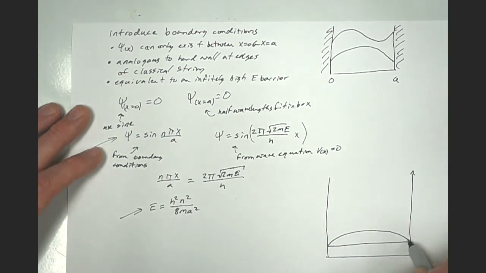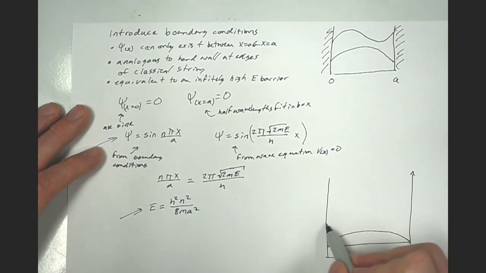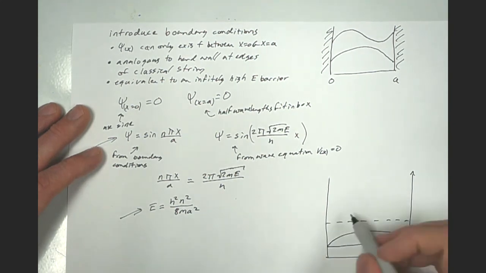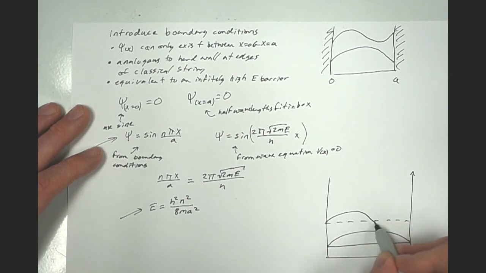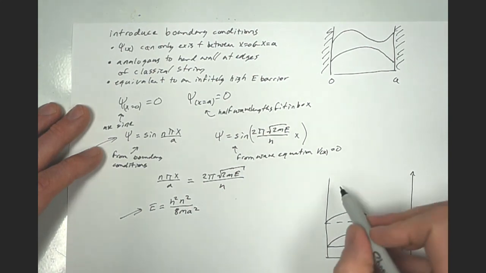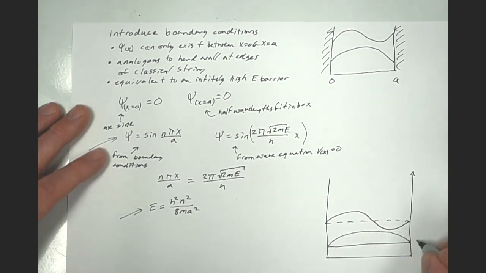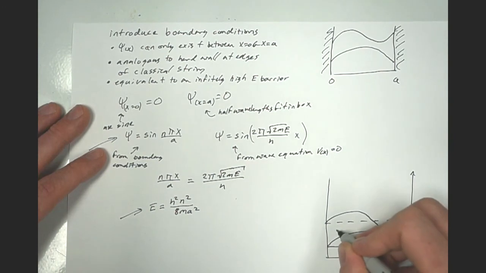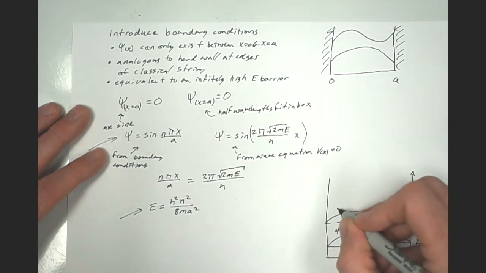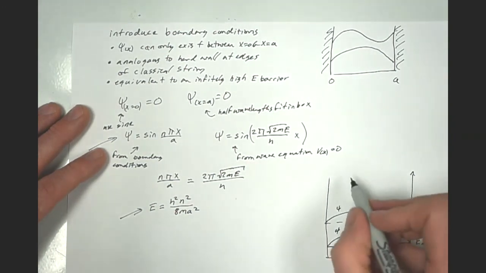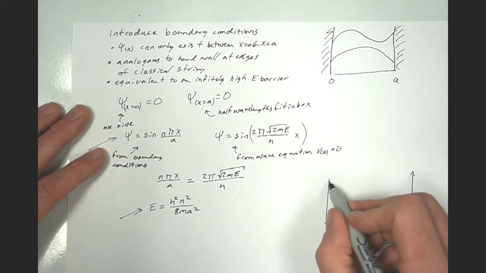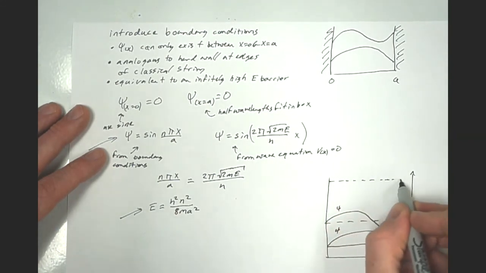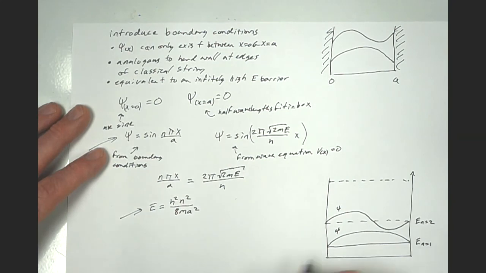So there's our first wave function. I'll just make this dotted. Our second wave function, this is energy of n equals 1, energy of n equals 2. Here's our wave function. I'm just going to plot it right on top. And up here, these are getting higher and higher much faster because they scale as n squared.